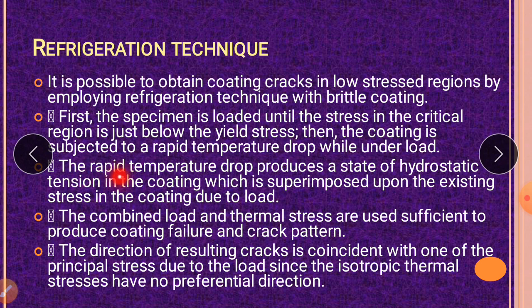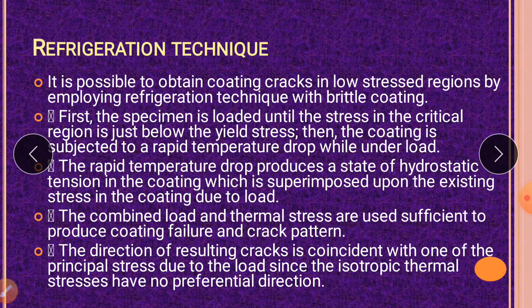The rapid temperature drop produces a state of hydrostatic tension in the coating, which is superimposed upon the existing stress in the coating due to load. Because of that rapid cooling, it experiences the hydrostatic tension, which superimposes upon the existing stress in the coating due to load.